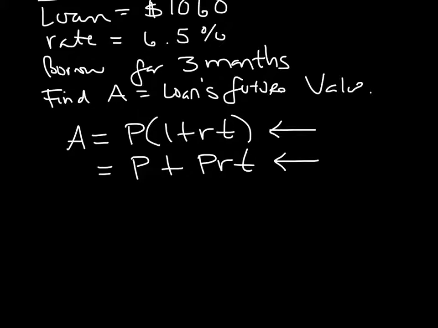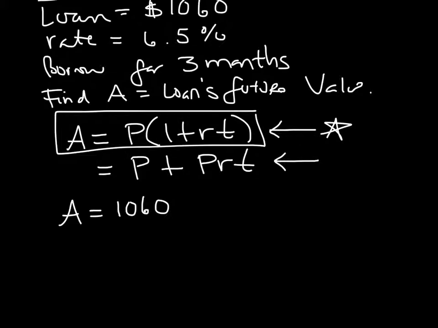Let's plug in our values. Our P is 1060, so I'm borrowing 1060. 1060 times the quantity 1 plus, what's our rate? Our rate is 6.5%, but we want it as a decimal.